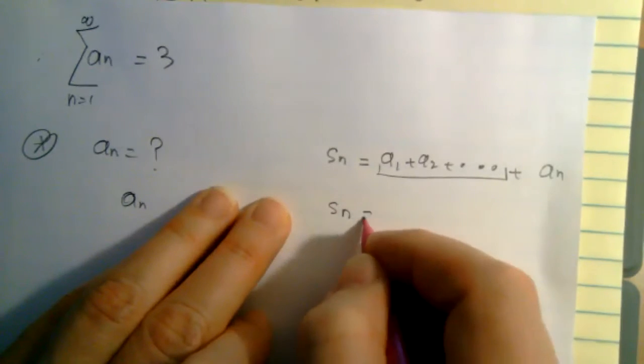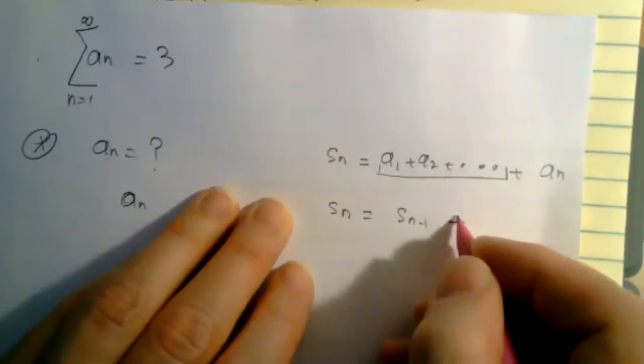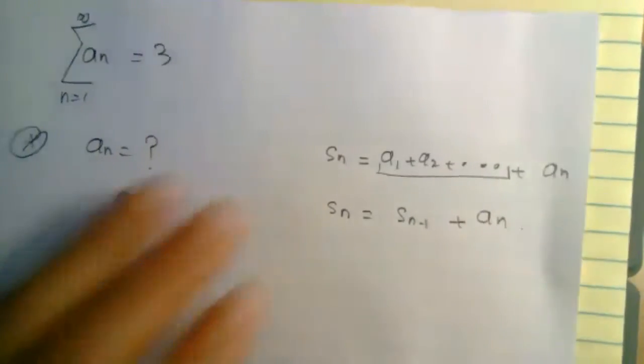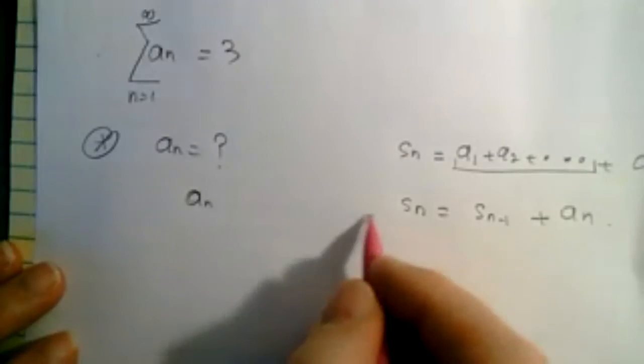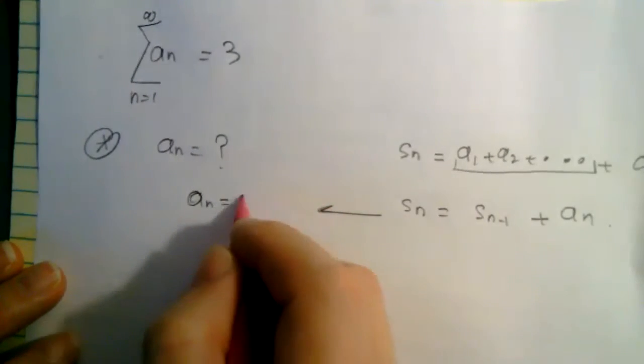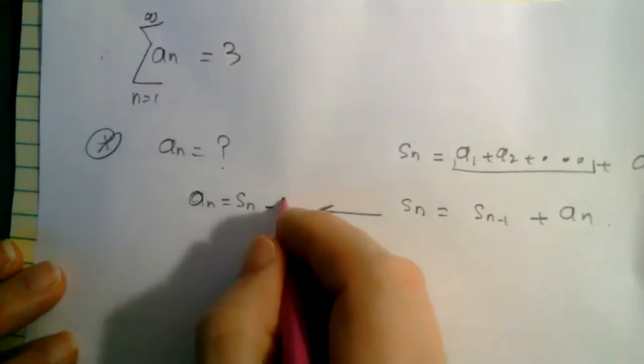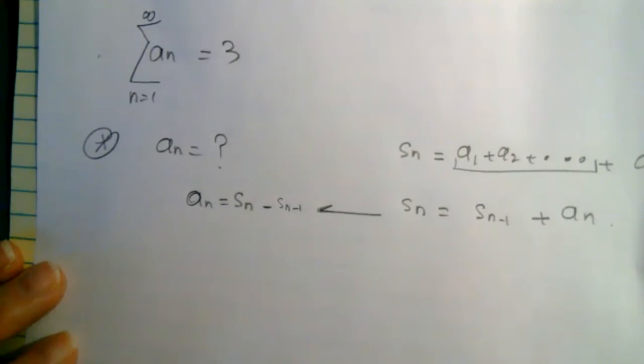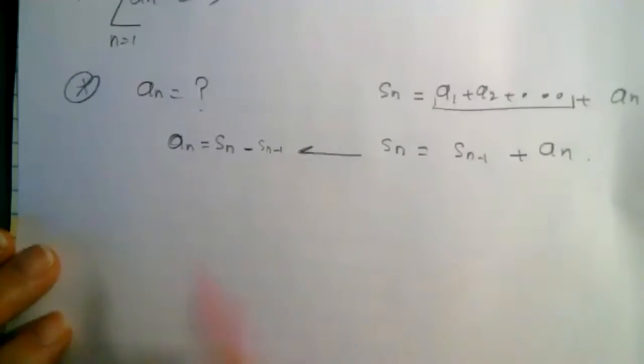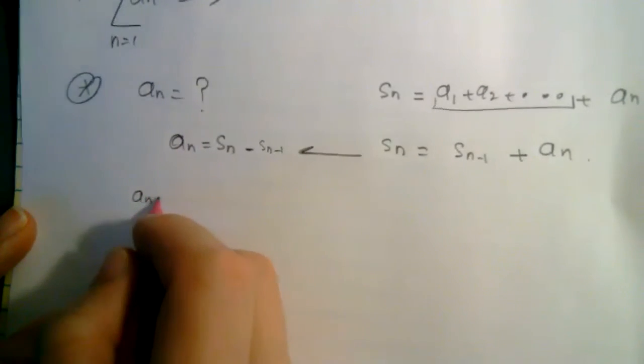Sn is nothing more than Sn minus 1 plus an. So what is an? It means you add all the terms up to the nth term, and then you take away the sum before it. With this in mind, I know what my an is.